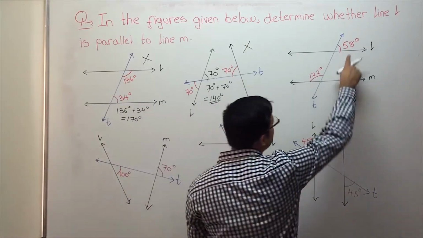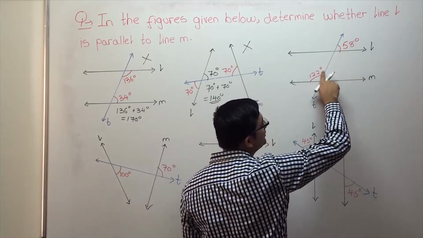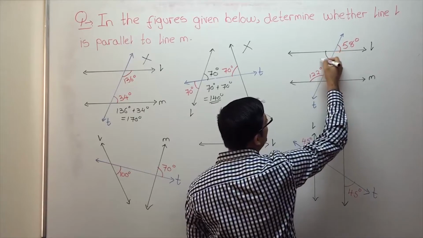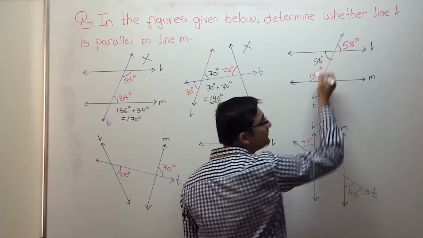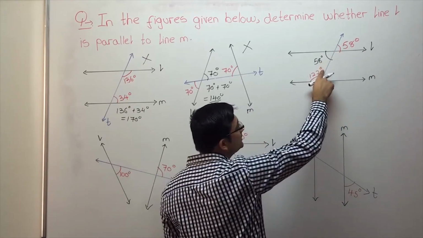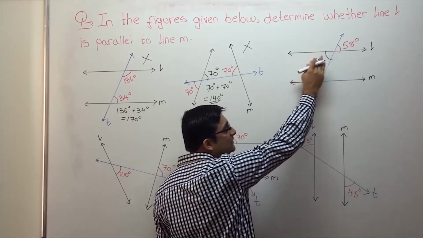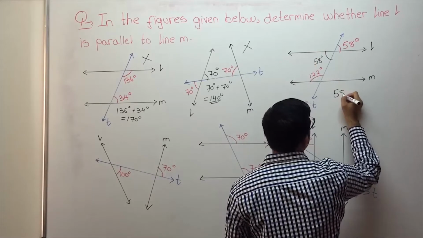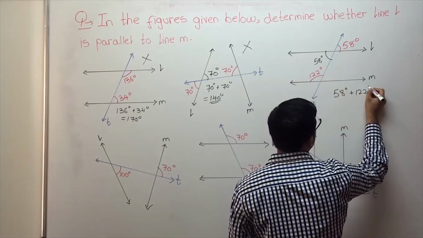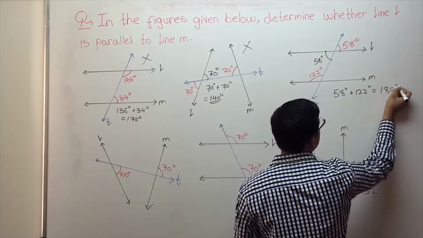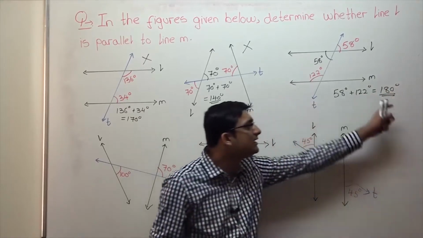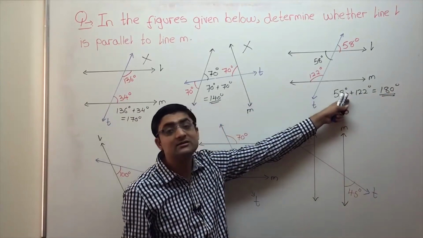Similarly here, this angle is 58, this angle is 122. If this is 58, vertically opposite, this will also be 58, right? Now look at these two angles. They are between the lines, so interior angles on the same side of the transversal. Find their sum. 58 plus 122, that is equal to 180 degrees. Whenever the sum of two angles is 180, that means the two angles are supplementary.